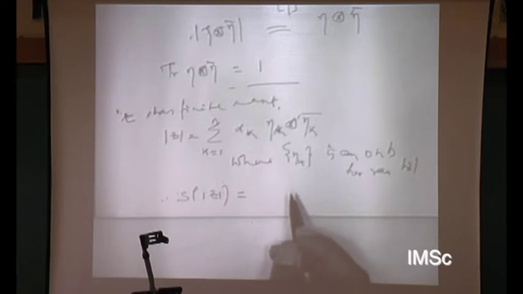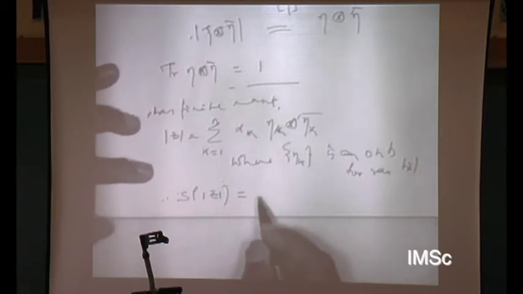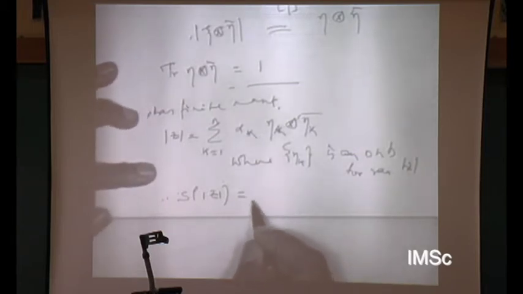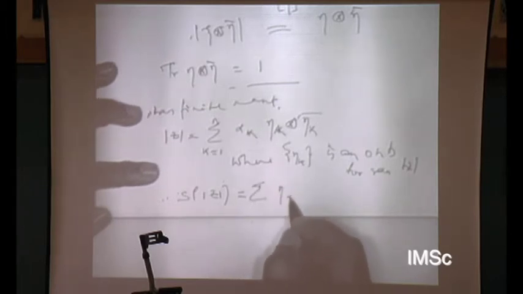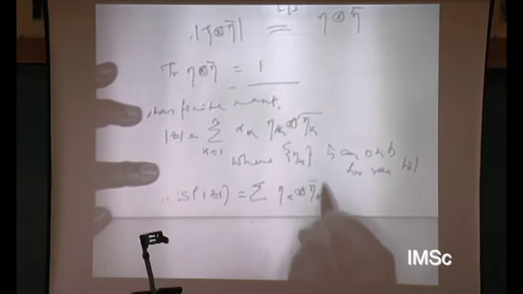It is just going to be the summation of eta k times eta k bar.